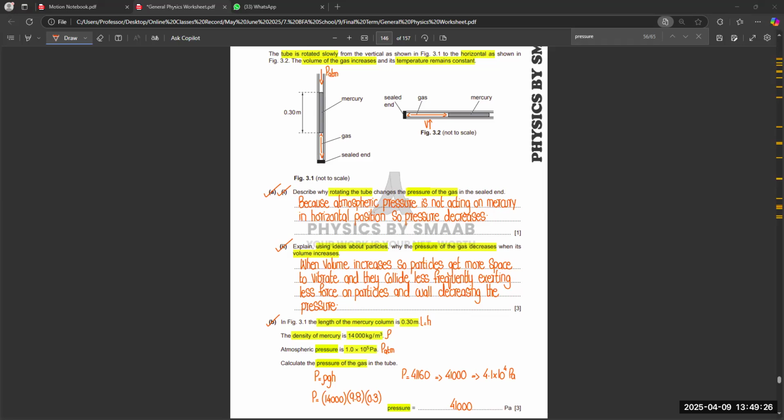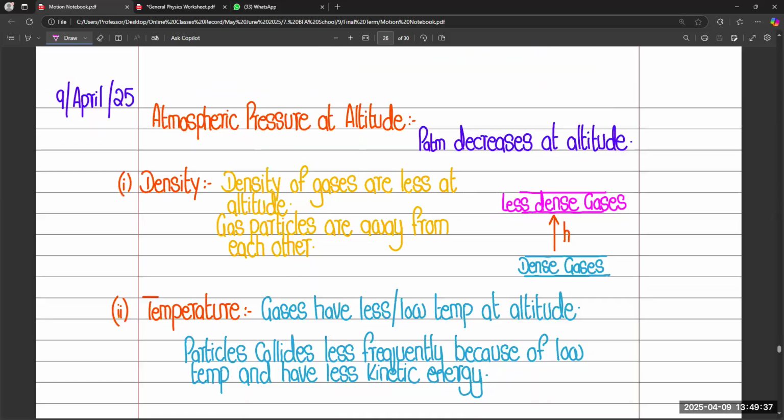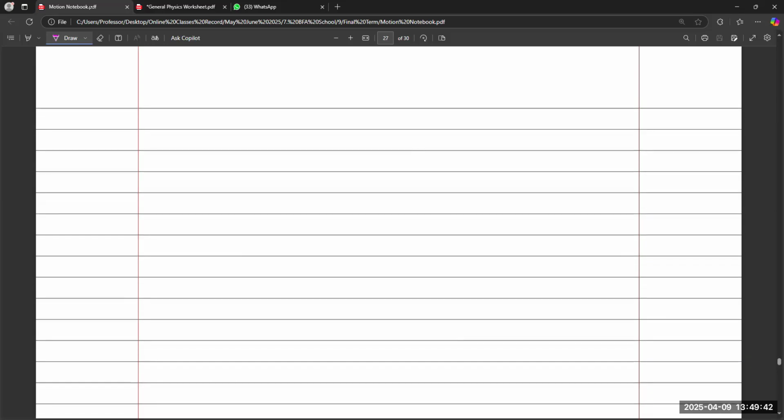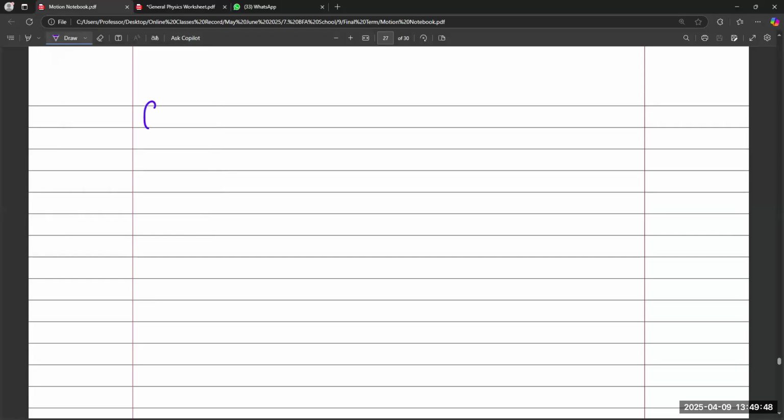Okay, after this question, we have another concept in the topic of pressure that is related to the gas laws. And that law is called Boyle's law.